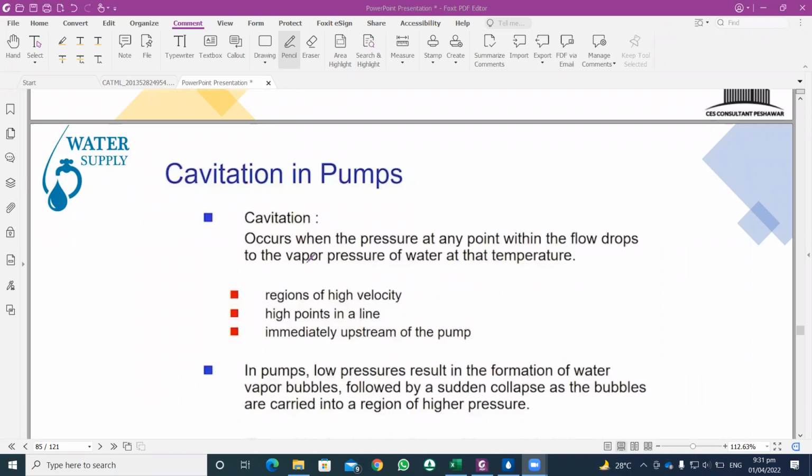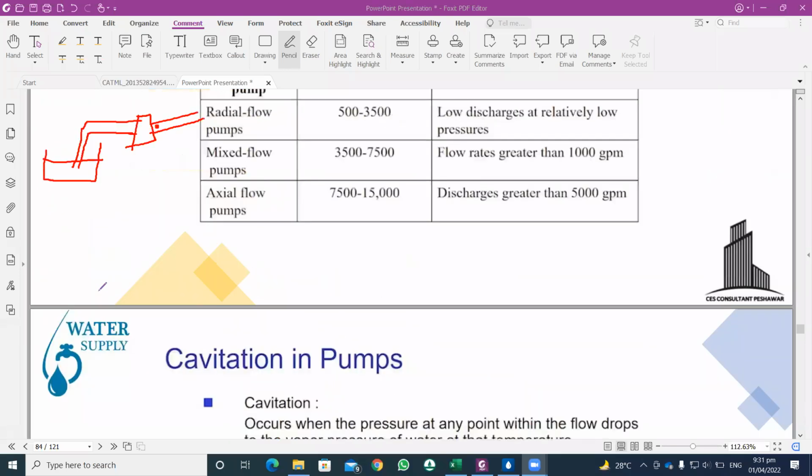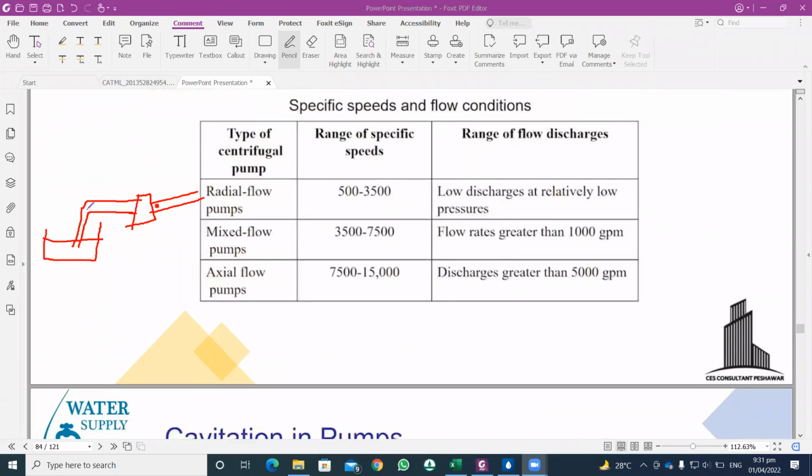It occurs at the suction side, when the pressure in this pipe decreases below the atmospheric pressure. At the suction point, there is the atmospheric pressure, so the pressure at this point and this point are equal.